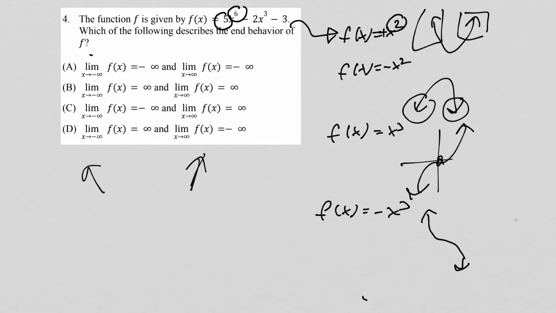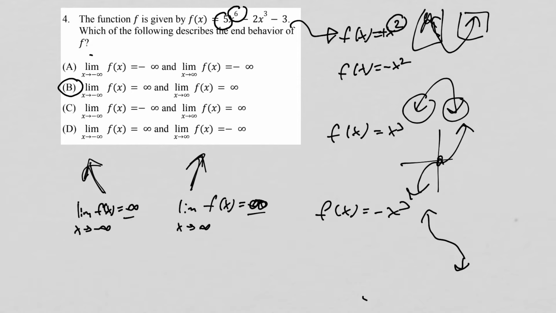Well, this up to the right basically means the limit as x gets really big, the function also gets really big. Whereas on this side, it's saying that as x goes to negative infinity to the left, the function itself gets really high up. So they're both infinity. That's why of the 4 choices, I believe the answer is B.